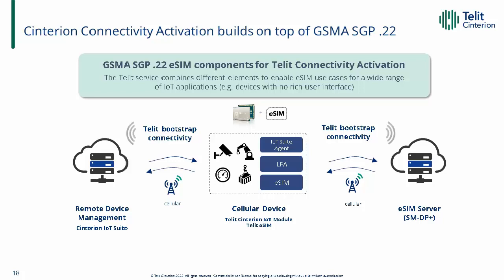Then you can get on the network, grab the profile you need, and download the profile into the IoT devices without touching the device. After that, you can do all your data connection as needed. So this is the whole architecture behind our solution.